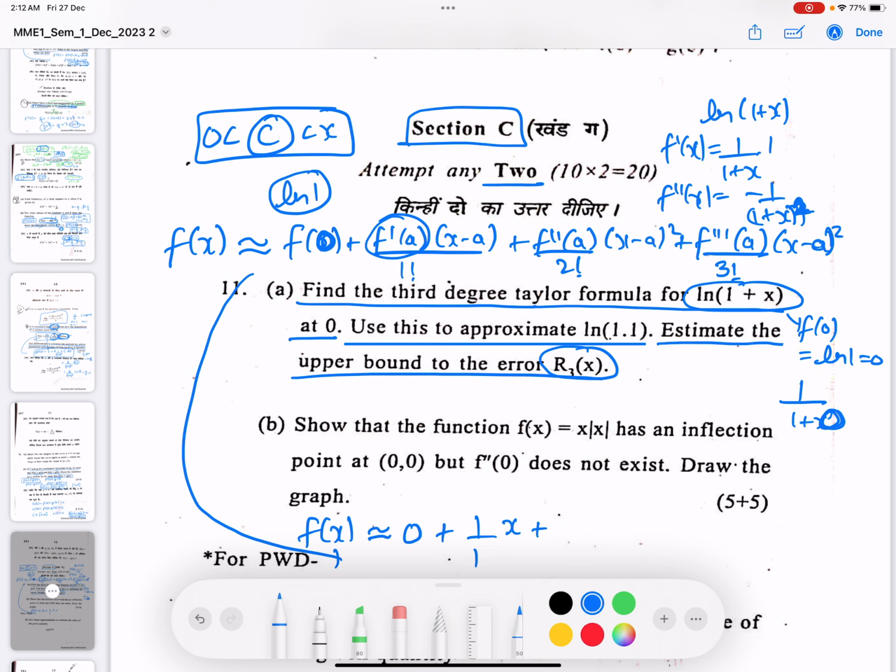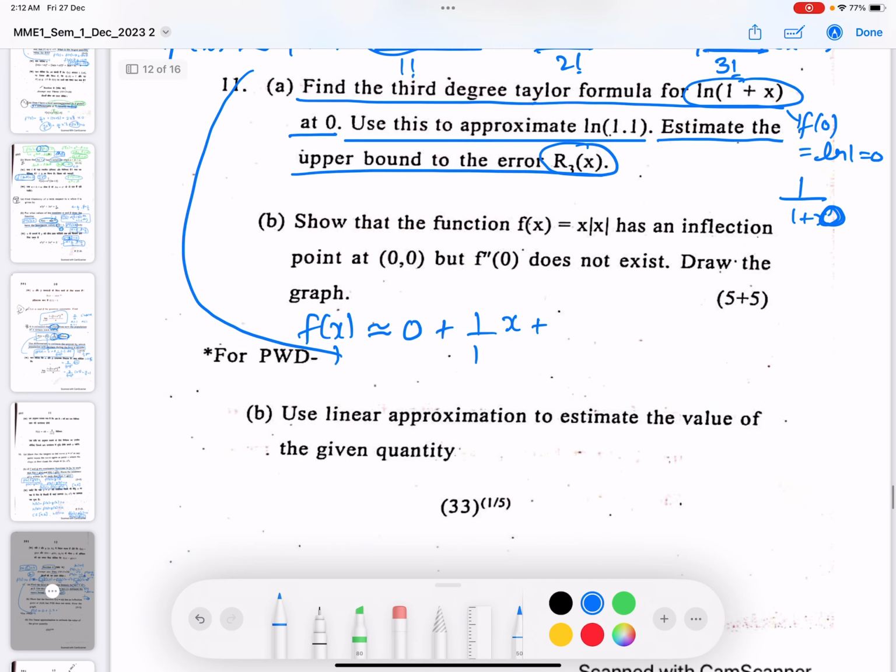And f''(0) would be minus 1 into 1 plus 0, which is minus 1 only. So we'll have minus 1 upon 2 factorial into (x − 0) whole square, so x square.